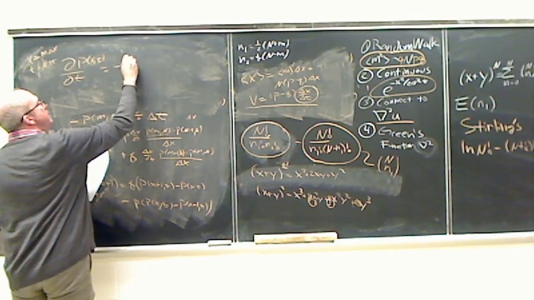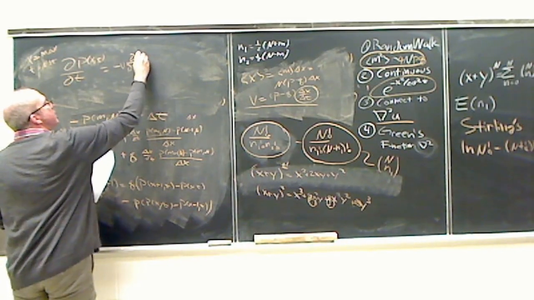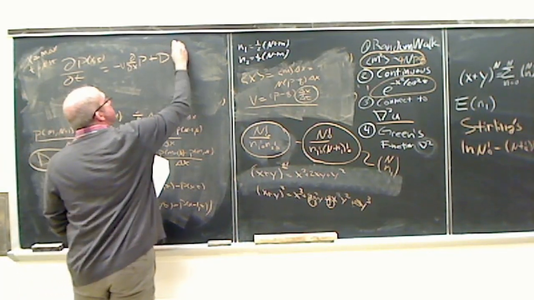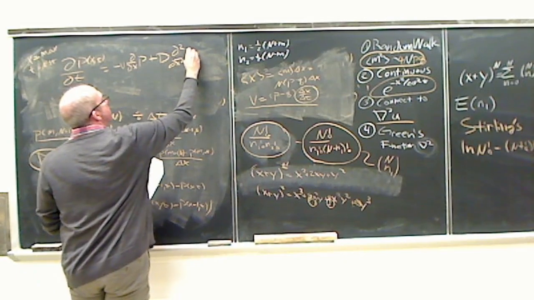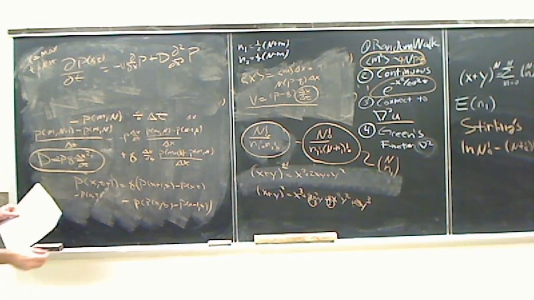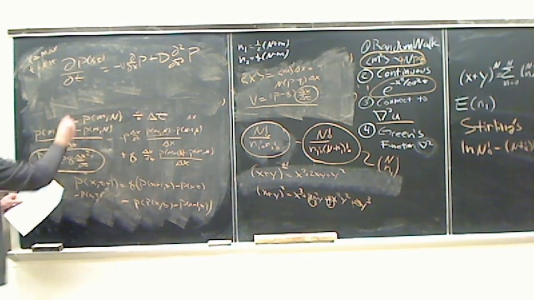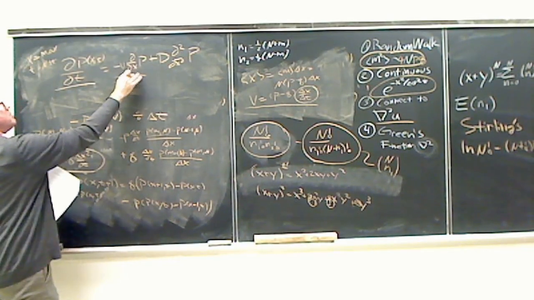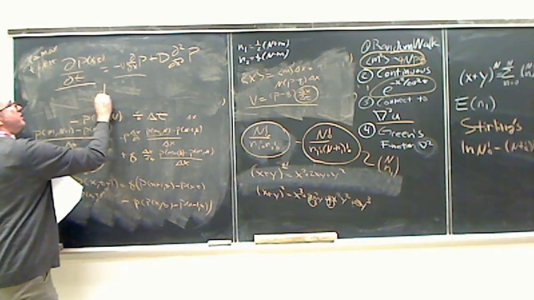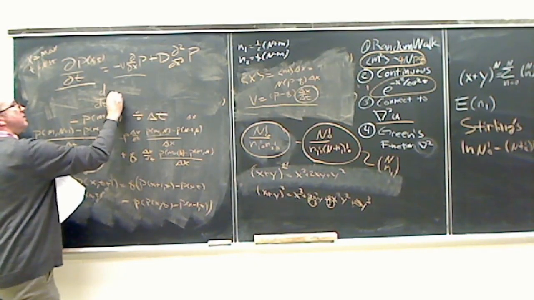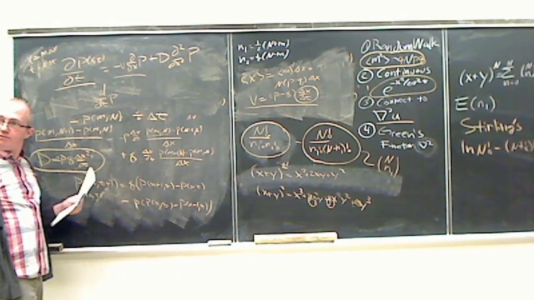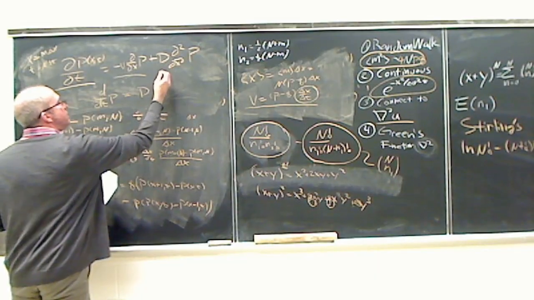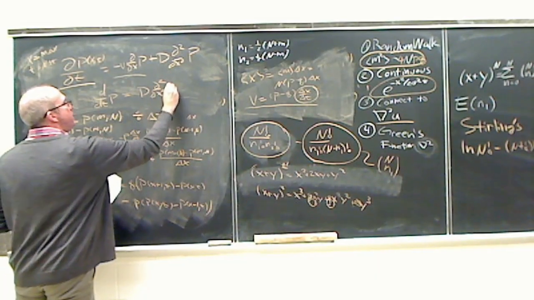It is equal to minus v times d/dx of P plus big D times d squared/dx squared of P. So here's my partial time derivative. This is a velocity term. So I can put this over here, and this just becomes the full derivative.